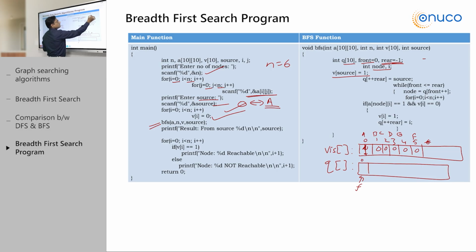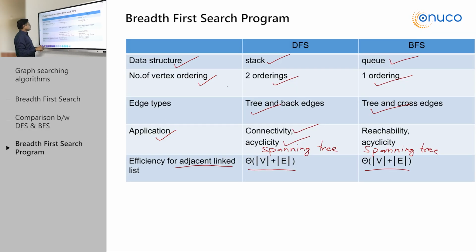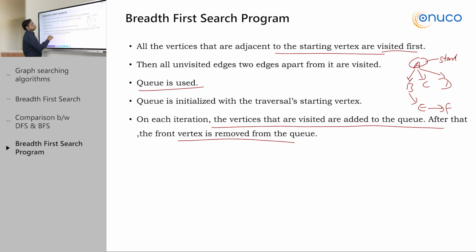Rear was -1 plus 1 is 0. So Q of 0 is equal to source, and source is 0. Not 0 index, it is 0 for A.